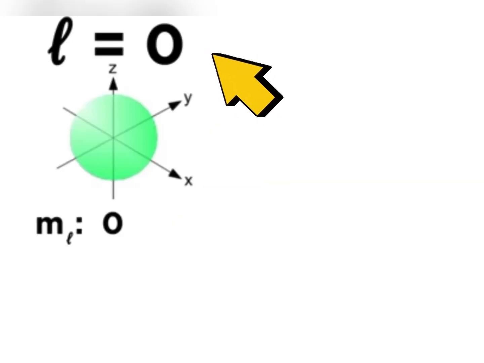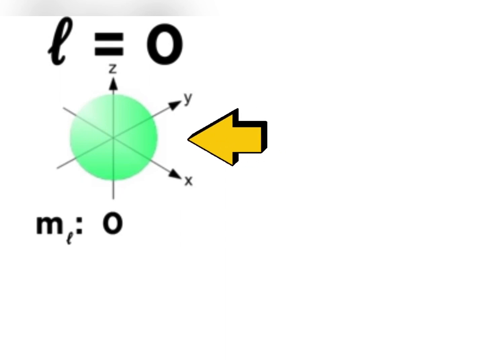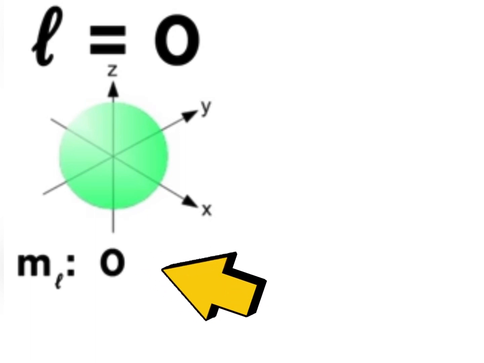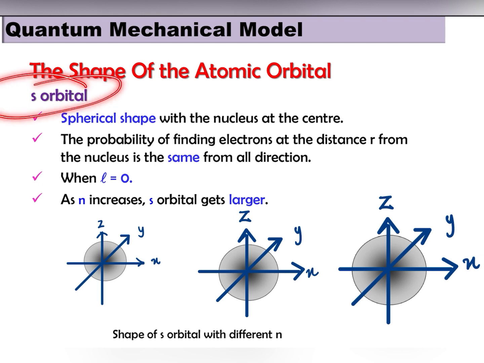So for value L equals to 0, shape dia adalah sphere. Kamu lukiskan satu sfera and mesti ada axis X, Y, Z, and the value of M here is equals to 0. So maksudnya for L equals to 0, S orbital ada satu sahaja orientation yang wujud. So for S orbital, it is in spherical shape. Dia berbentuk sfera and bukan circle no. It is in 3 dimension. So kita panggil dia sebagai sphere ataupun sfera.